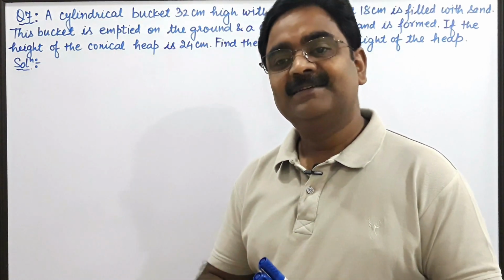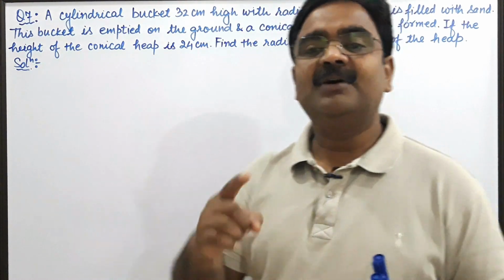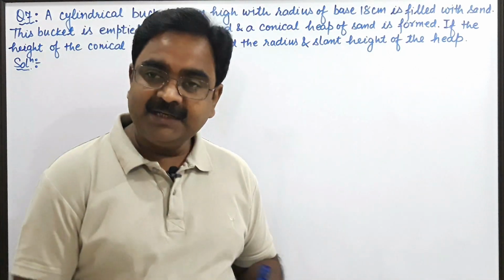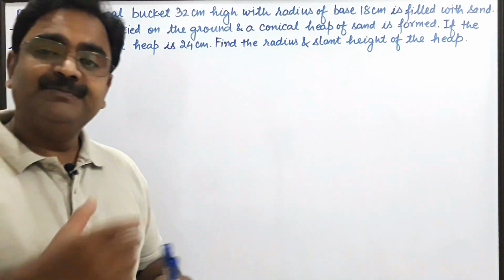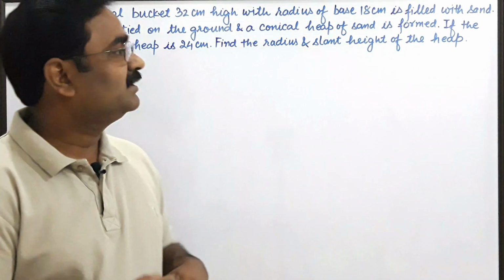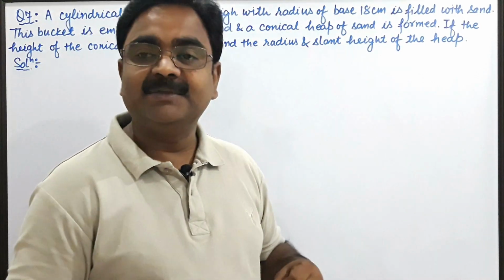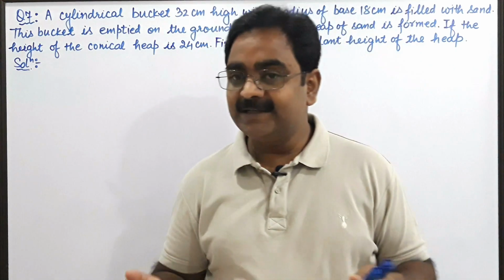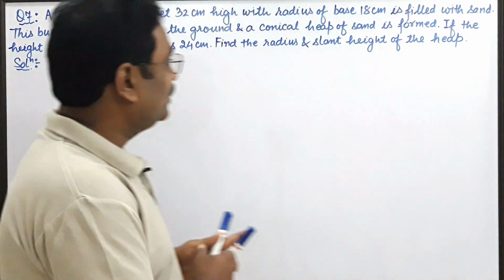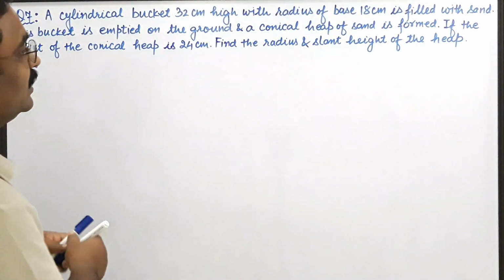That is formed a conical heap, right? Now the height of that conical heap is given, then question is asking find the radius and slant height of the heap.